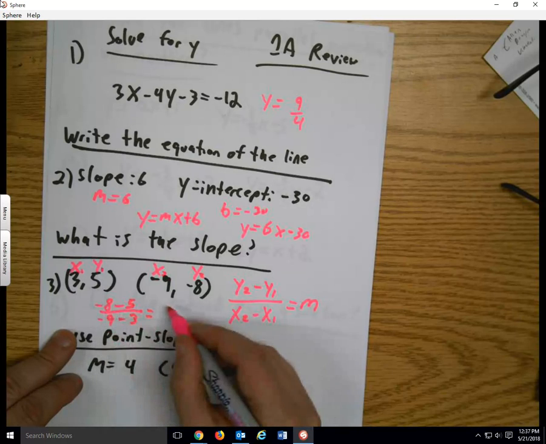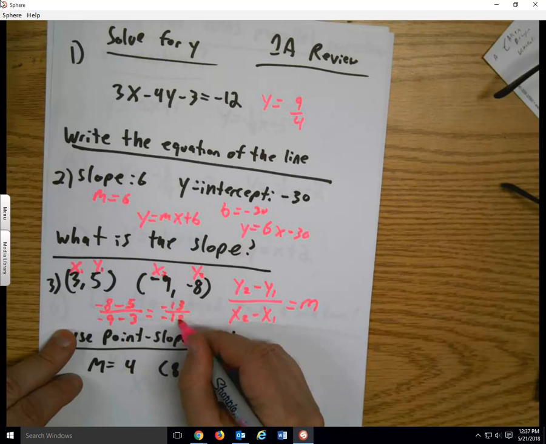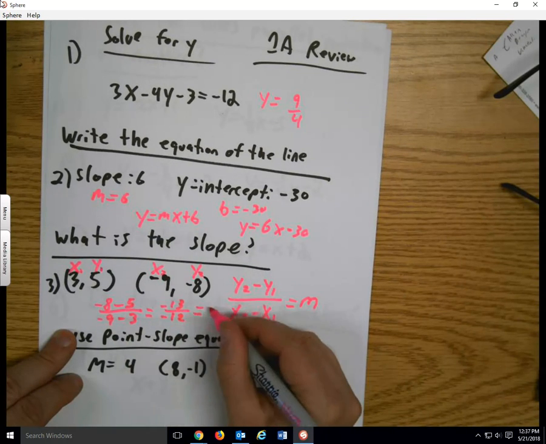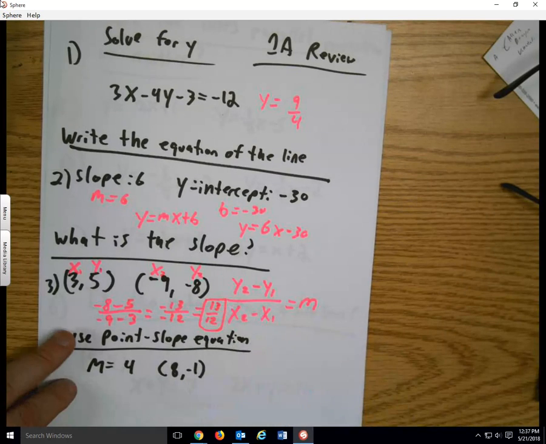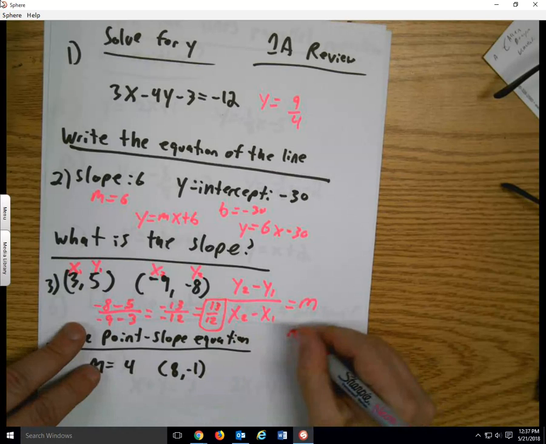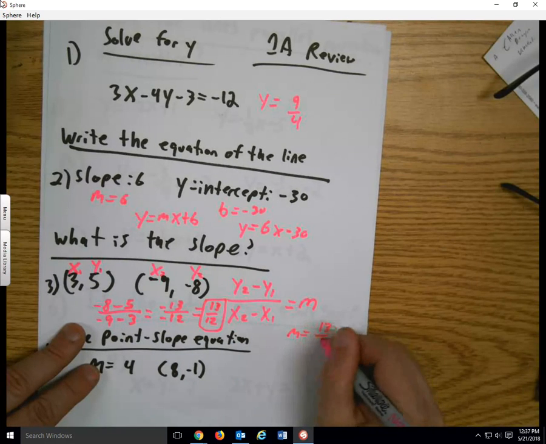A -8 and a -5 is a -13. -9 and a -3 is a -12. But a negative over a negative transforms it to a positive. Here's your answer. Your m equals 13/12.